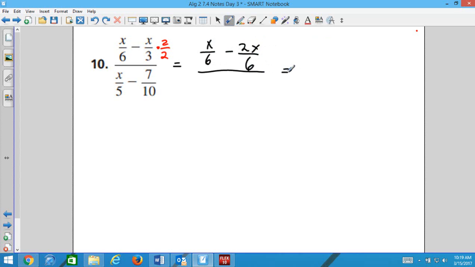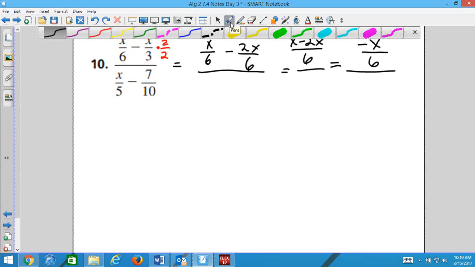Can I subtract x minus 2x? Are those like terms or not like terms? If I have 1x and I take away 2 x's, I get negative x over 6. So that's my top all the way across.